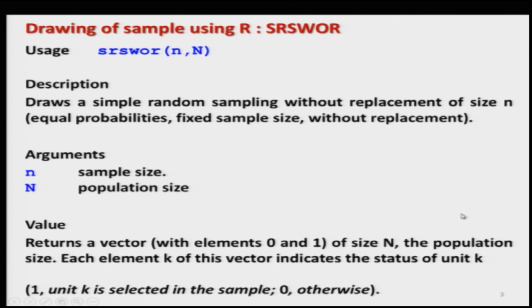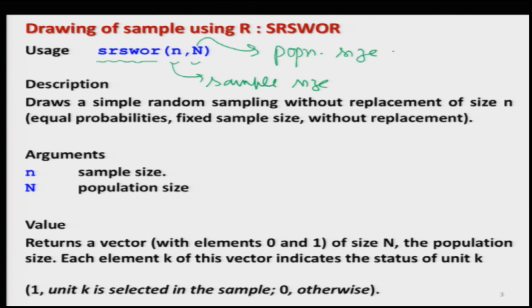Let me first show you the usage. The command to draw a simple random sample without replacement is srswor, all in small letters, and inside the parenthesis you write small n and capital N. The small n and capital N are the same as we have assumed: small n is the sample size and capital N is the population size.